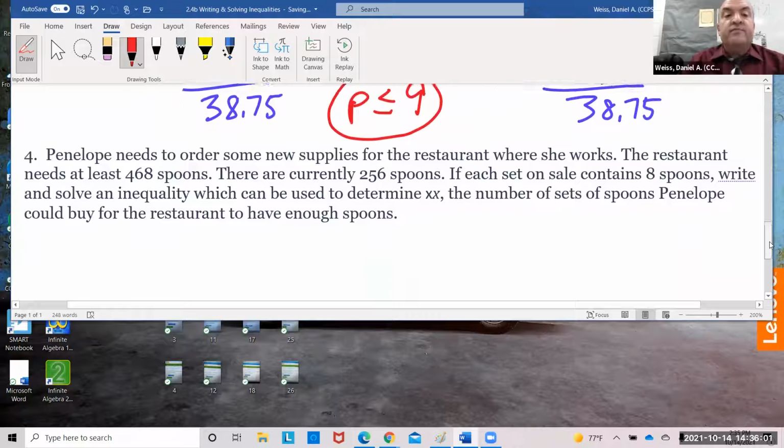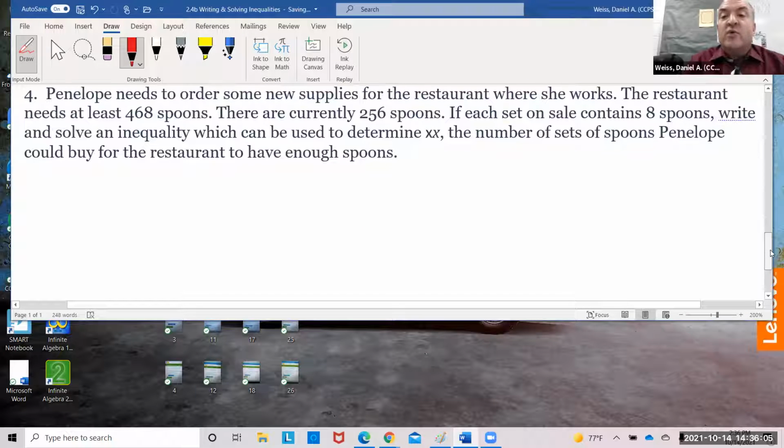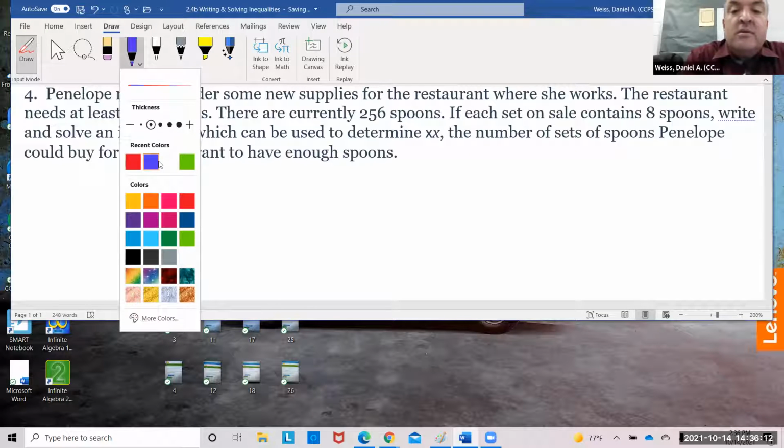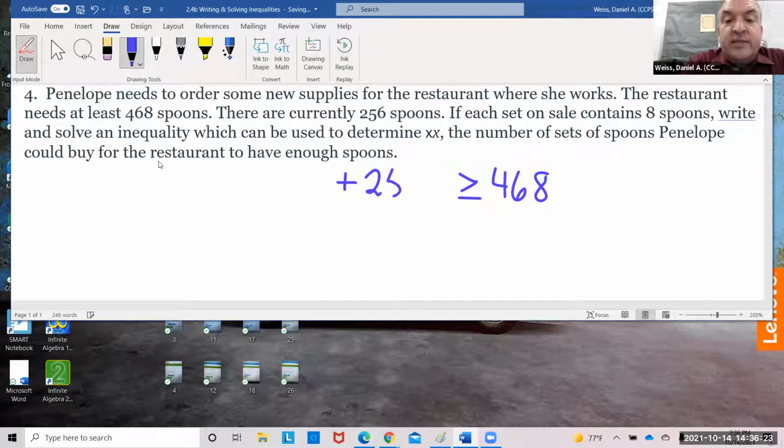Here's one more. Penelope needs to order some new supplies for the restaurant where she works. The restaurant needs at least 468 spoons, so it's going to be greater than or equal to 468. There are currently 256 spoons, so plus 256. Each set for sale contains 8 spoons, so it's 8x.